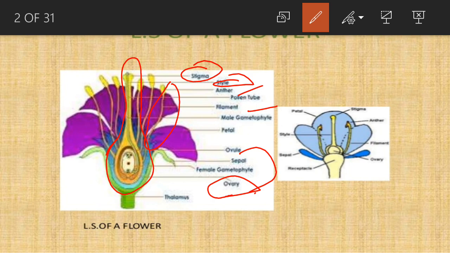These are the reproductive parts of the flower, whereas the sepals, the green parts, and the colored parts, petals, are the non-reproductive parts of the flower. The ovary rests on the part of the stalk that is known as thalamus.